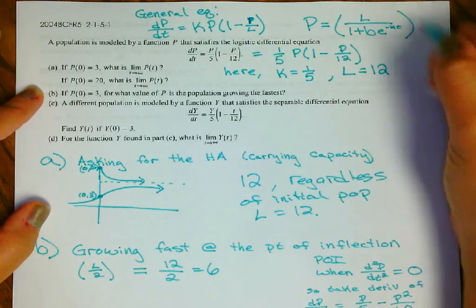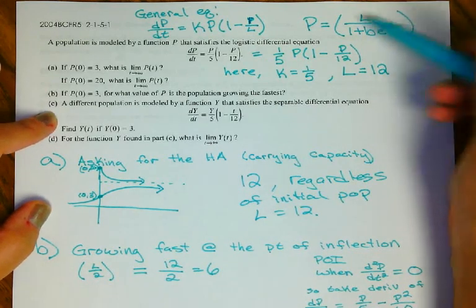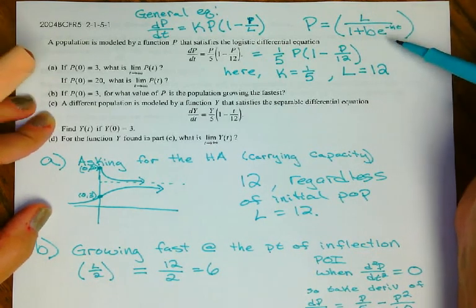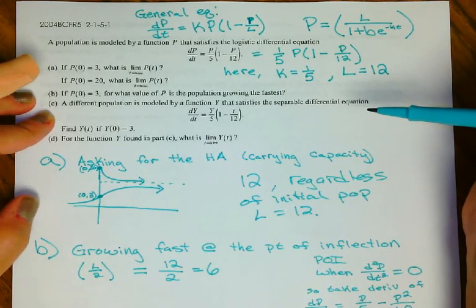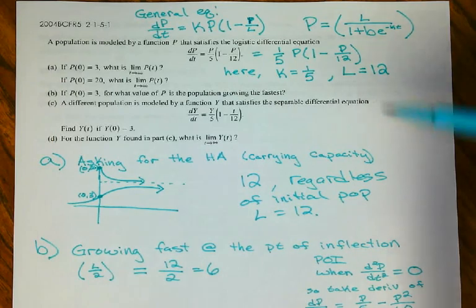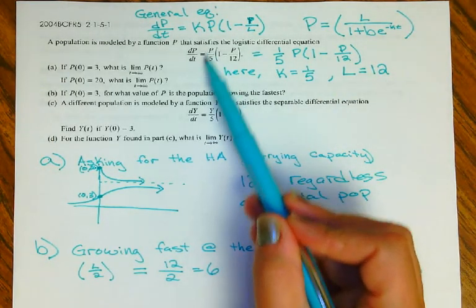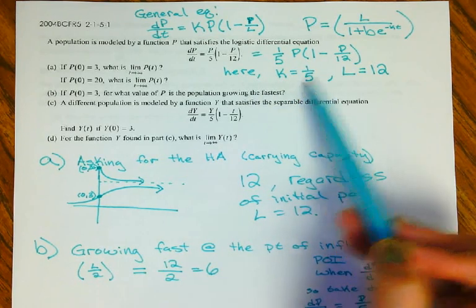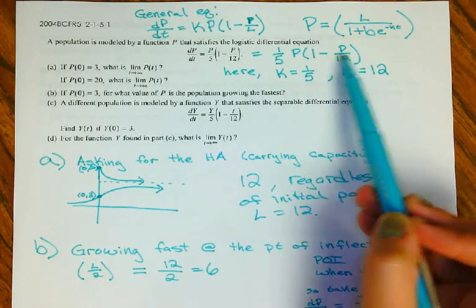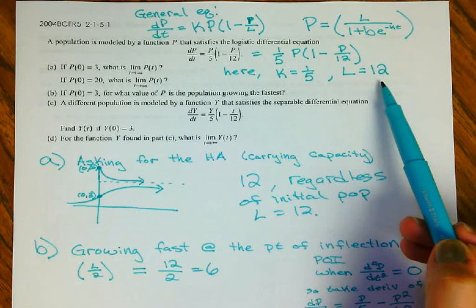Here, that L shows up again, and that carrying capacity is the horizontal asymptote guiding the behavior of the function. So I rewrote this equation with the 1/5 factored out by itself so I realized that was my K, and then you have your L value as 12.